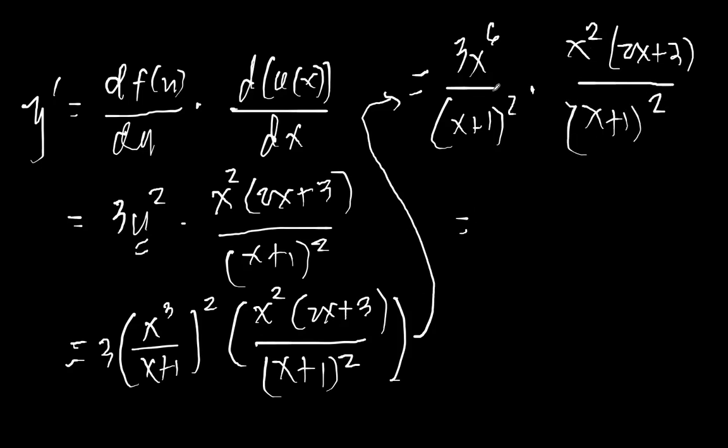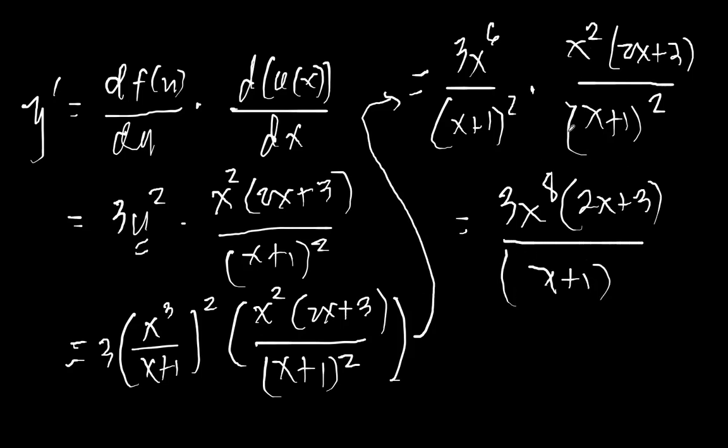Here we go. So let's multiply and combine like terms if we can. So we have 3x raised to 8 times 2x plus 3 over x plus 1 squared times x plus 1 squared, that's x plus 1 raised to 4. Okay, so we got the final answer.